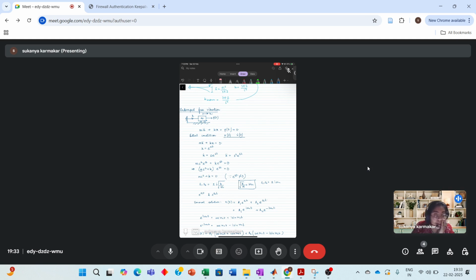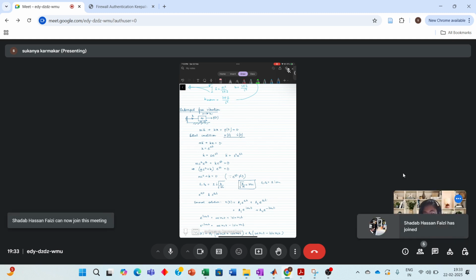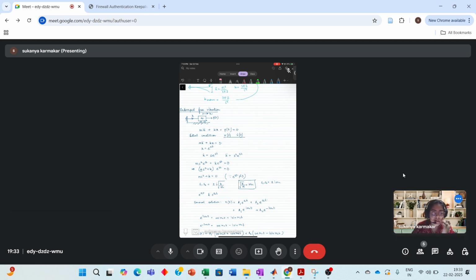You are thinking that you pull the block to a certain distance, by a certain amount x, so that becomes your value for x of 0, and at that point if you leave it, the velocity x dot 0 will be 0. That is one case.